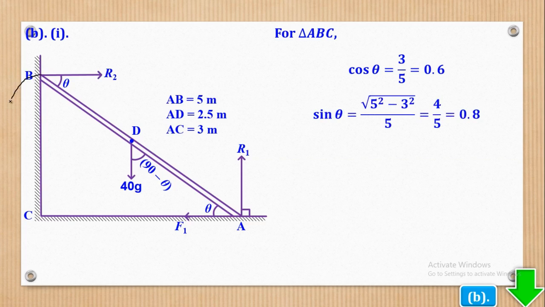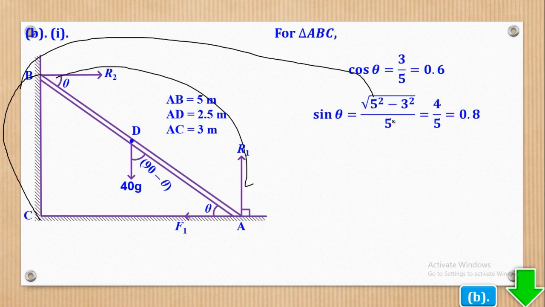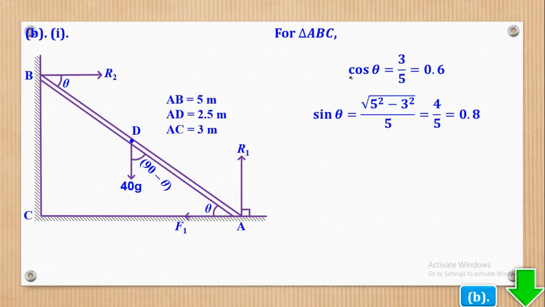The opposite by Pythagoras theorem is the square root of 5 squared minus 3 squared, then the hypotenuse is 5. This gives me 4 over 5, which is 0.8. So I've got cos and sine because they are the ones I'll use in getting moments. But even if you get the angle from here and use the angle, it is also okay.